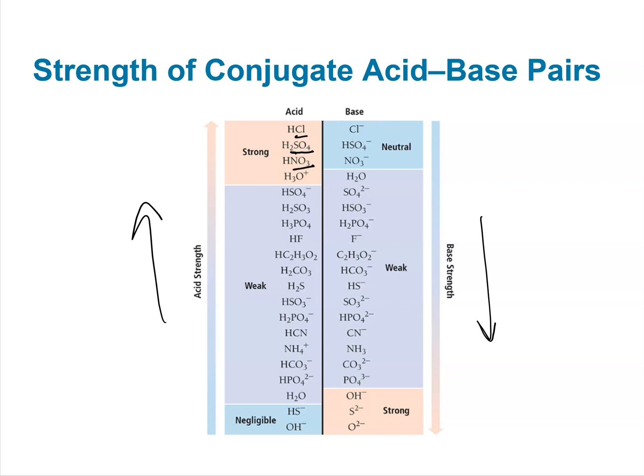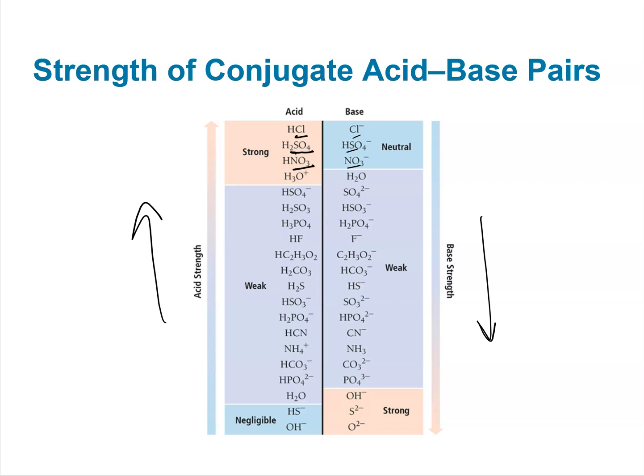These are not good bases. They're actually neutral because the strong acids fully dissociate. Those conjugate bases don't want those protons. So they're very, very poor bases, to the point where we can define them as neutral.